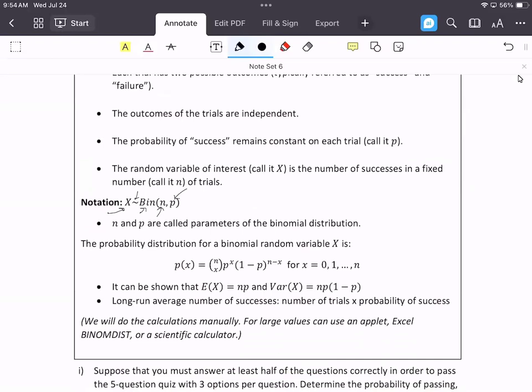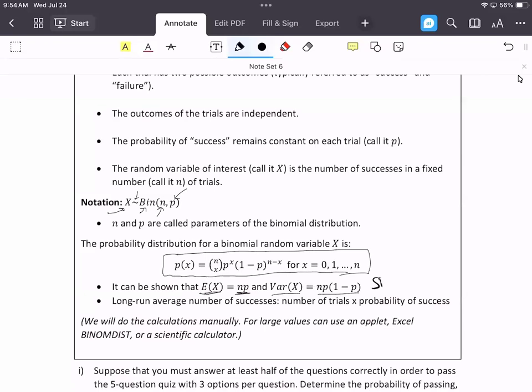We showed earlier that this is the probability distribution. Remember, the sum of the probabilities must total 1. It can be shown that the expected value, instead of having to do what we did before, which could take a long time to calculate, is simpler here. As the probability does not change and we have just 2 options, we can do n times p, and the variance is n times p times 1 minus p.